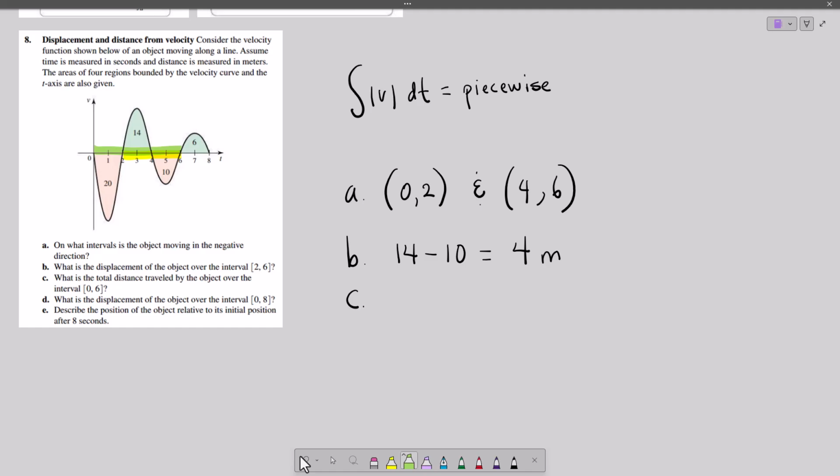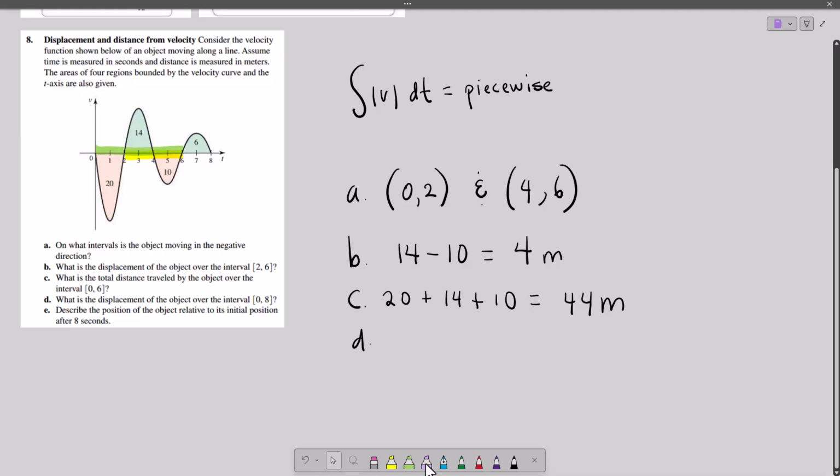So for finding distance traveled, we're just going to add up all those areas. So we're going to end up with that. Yeah, you're on track though. So you're just adding all those areas, no subtraction. And then in D it says displacement again, but this time the interval is 0 to 8, so we're going all the way across 0 to 8, and it's displacement, not distance.